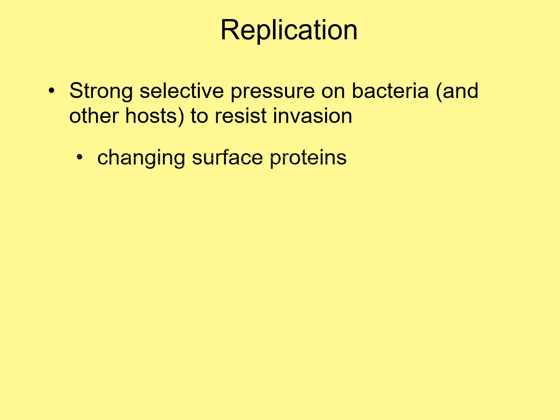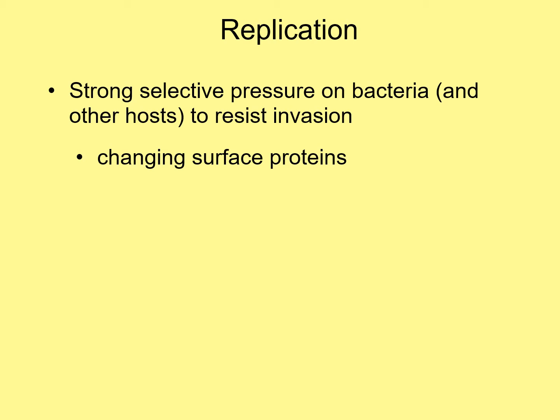Part of that is done through changing the surface recognition proteins such that the host cell doesn't recognize the virus as somebody it should allow in, so it doesn't form an endocytosis bubble or membrane bubble and bring it into the cell, or it doesn't allow the virus to inject its genetic material into the host because it doesn't recognize those surface proteins.